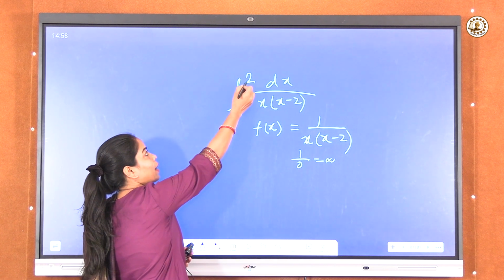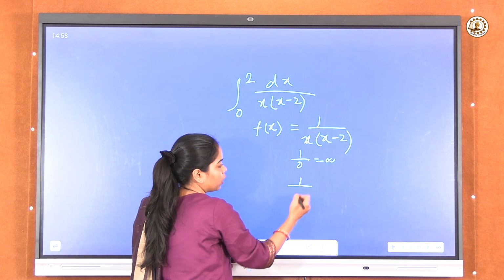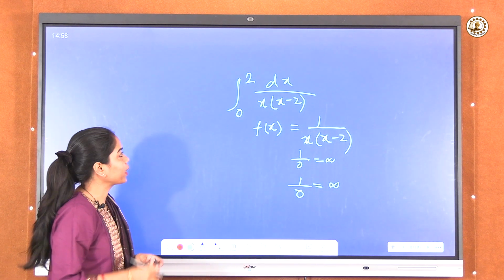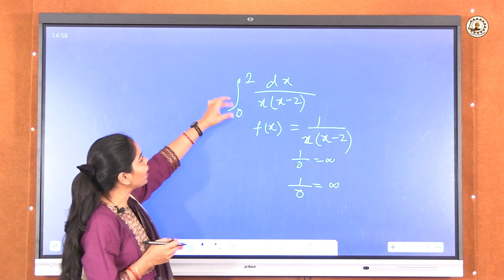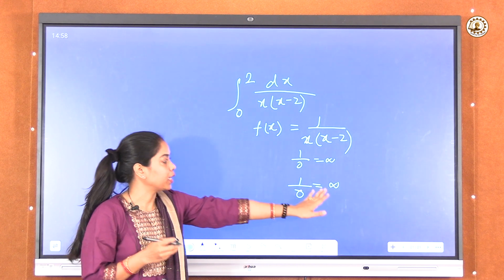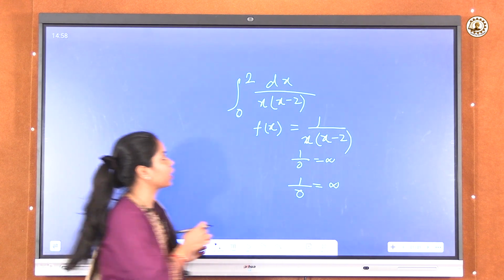Or if we put our upper limit 2 in place of x, we again get 1 by 0, which is infinite. So if we put our lower limit or upper limit, we get the function with an infinite value. So this integral is also an improper integral.